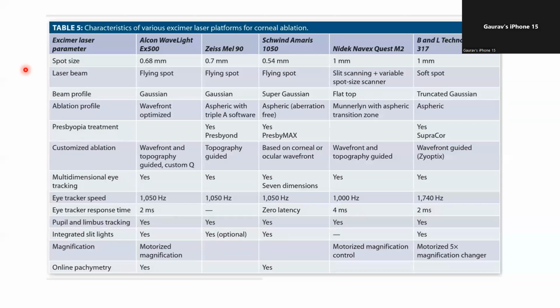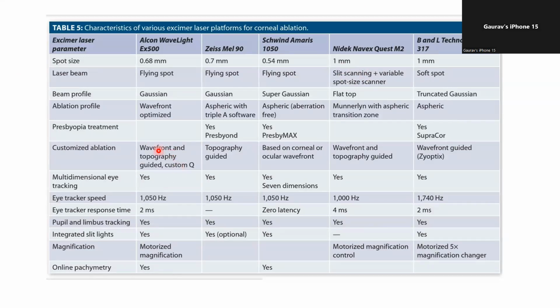This table shows the latest excimer laser machines which are available to us: the Alcon Wavelight EX500, Zeiss MEL 90, Schwind Amaris 1050, Nidek Navex Quest, and Bausch & Lomb Technolas Teneo. The important point to note here is that the spot size is very low in all of them. They use the latest flying spot or a slit scanning technique.